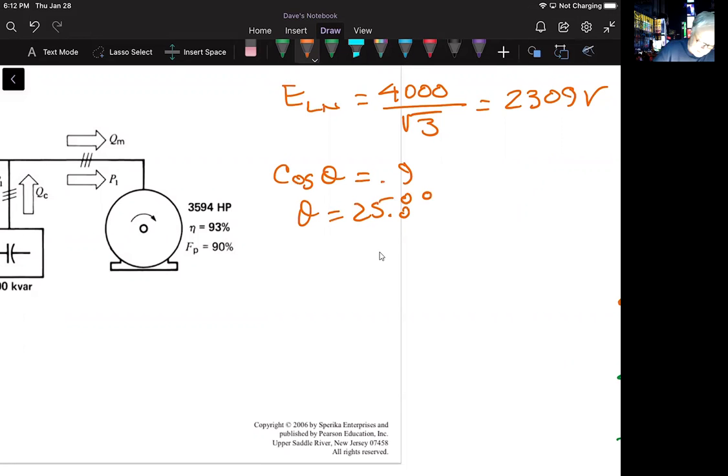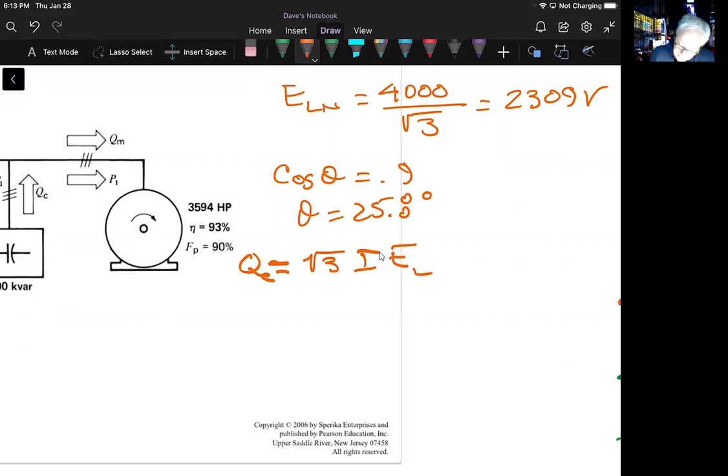And then he's saying the line current drawn by the capacitor bank is given as, well, it would be Q sub C equals square root of 3 times I times E again, right?